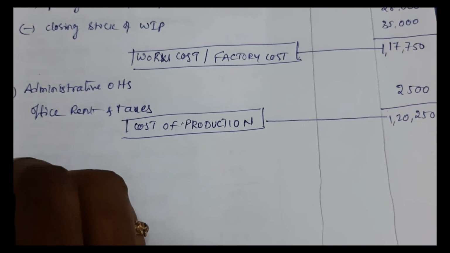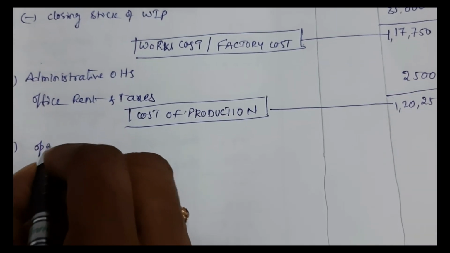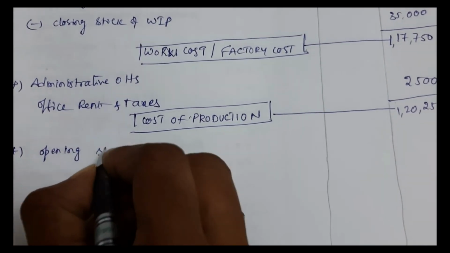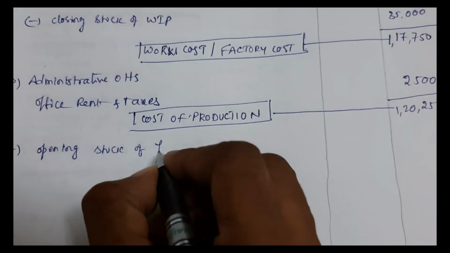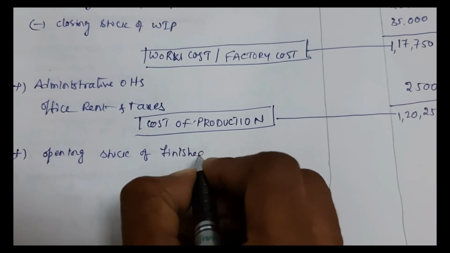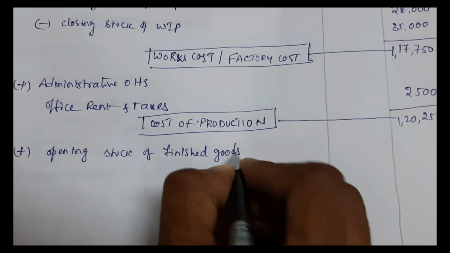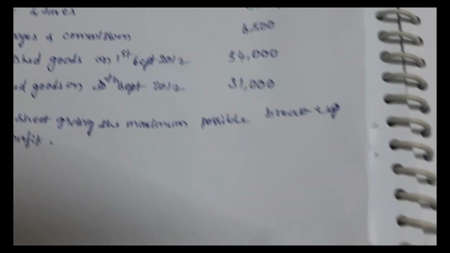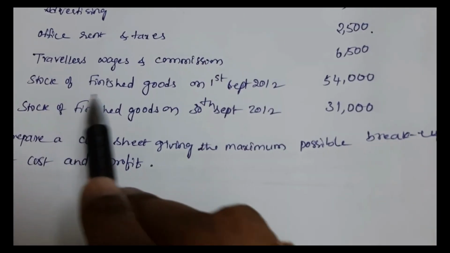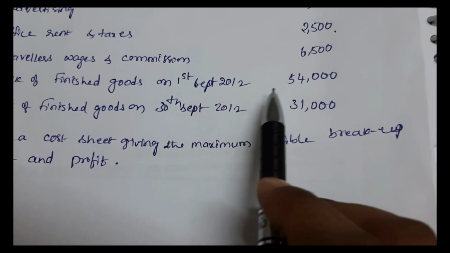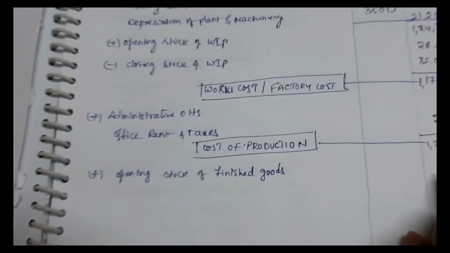And after getting this, we should add opening stock of finished goods. Opening, that is stock of finished goods on 1st September 2012, 54,000.